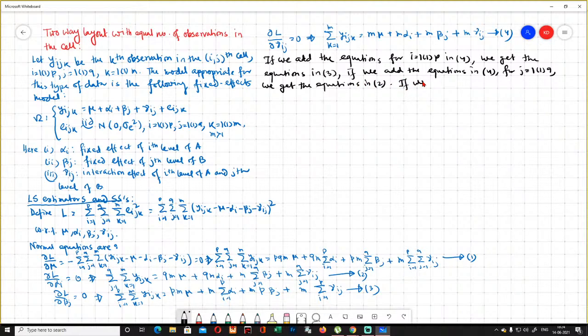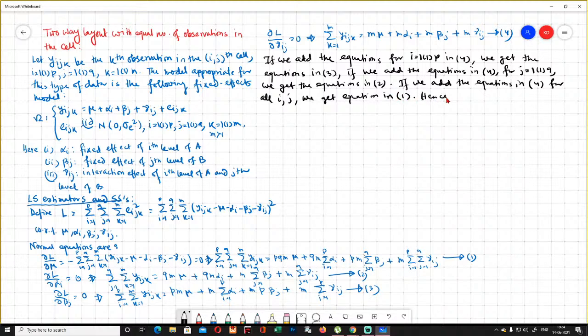Again, if we add the equations in 4 for all ij, we get equation 1.